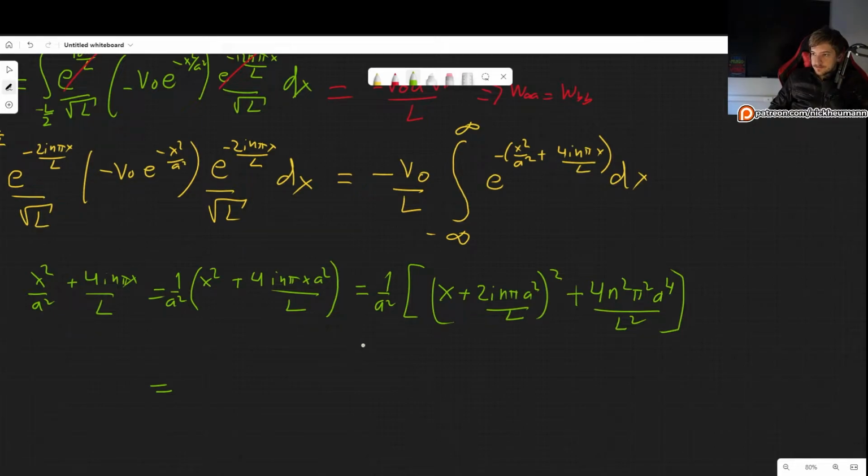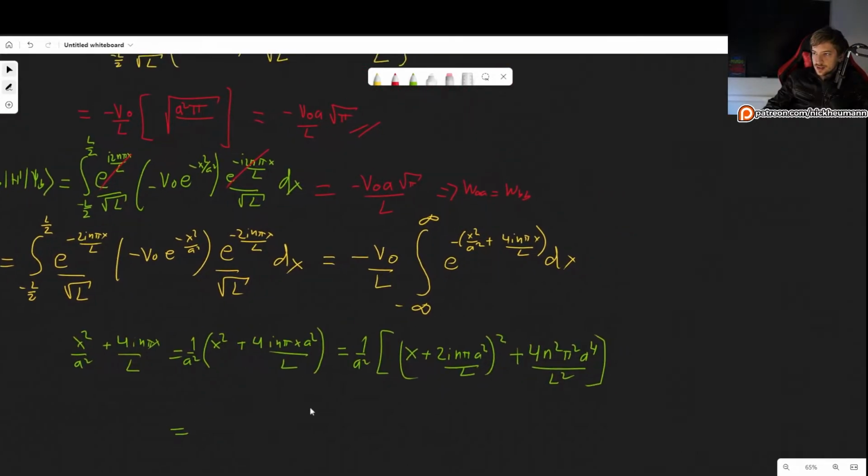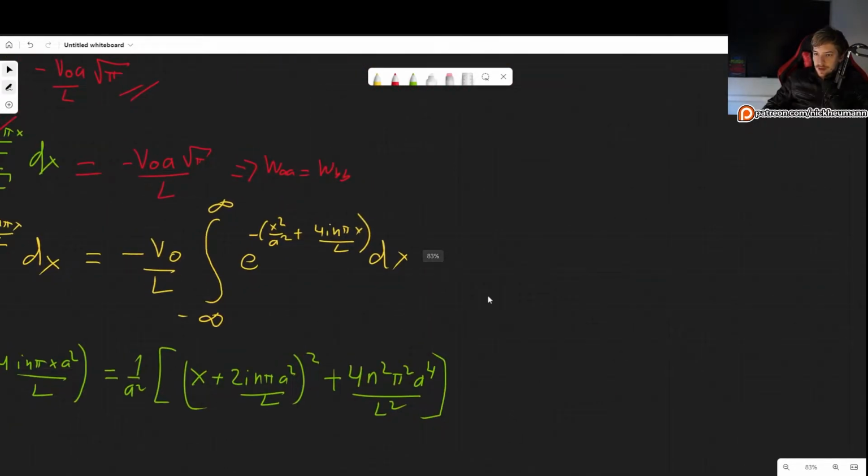Okay, so now that we have this, we can simply plug it back into our integral. So we can now rewrite this integral as minus V0 over L, integral from minus infinity to infinity of e to the minus x squared over... Okay, let's begin with our notation immediately, actually.